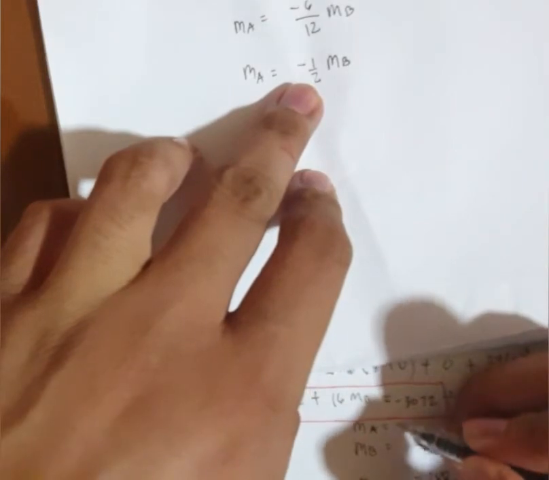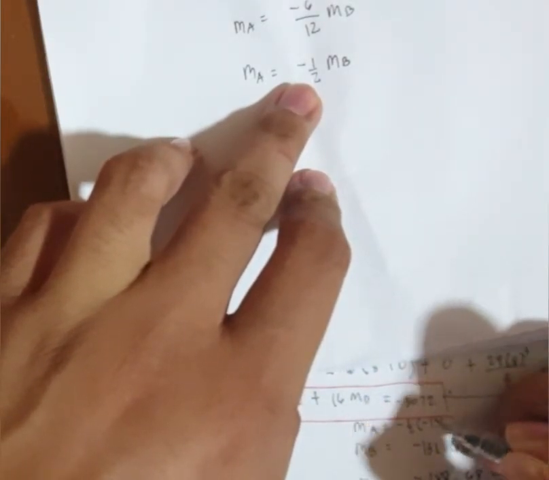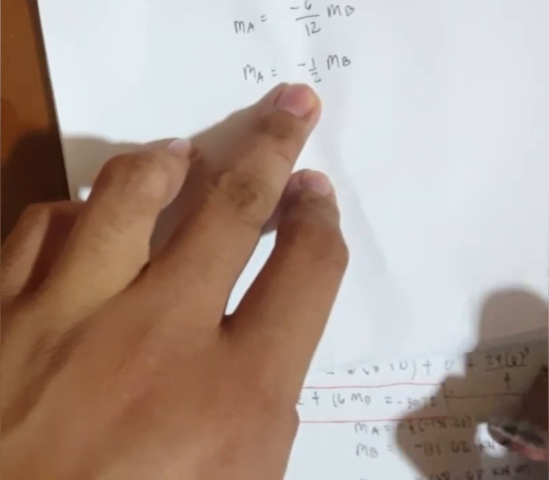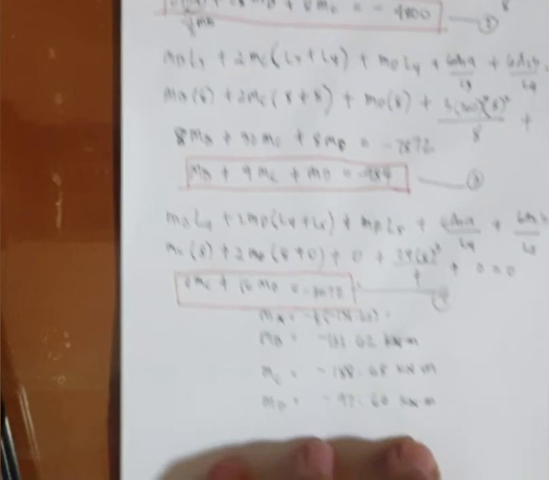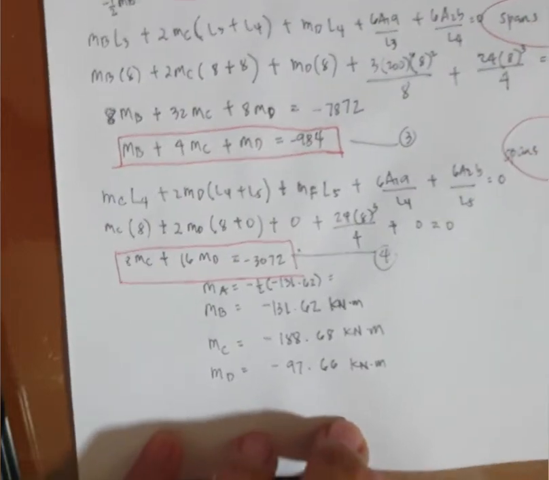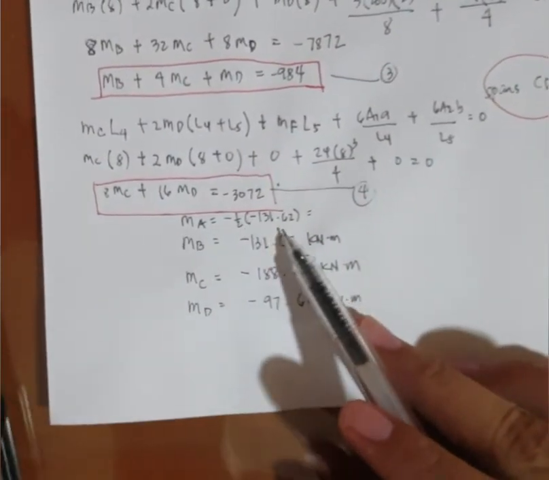So MA is negative 1/2 of negative 131.62.